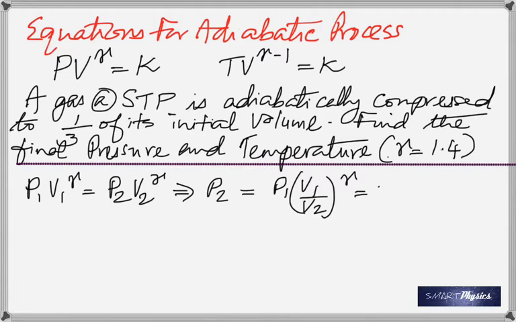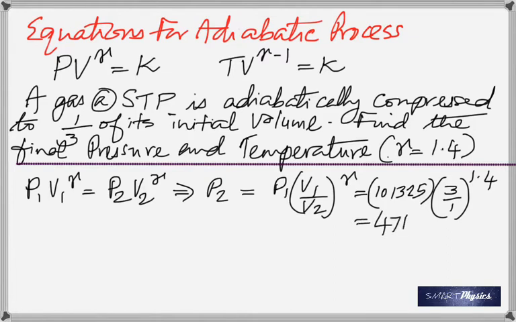So the ratio is 3. That's why you see this. The pressure is 101,325. The ratio is 3 by 1 raised to 1.4. You've got to solve that, and you will get 471,722.26 pascals. Simple enough, isn't it?